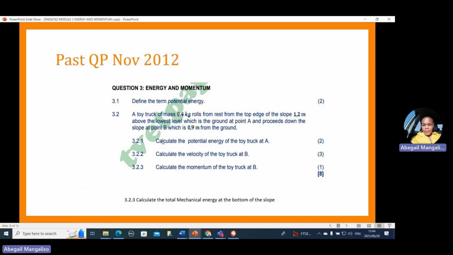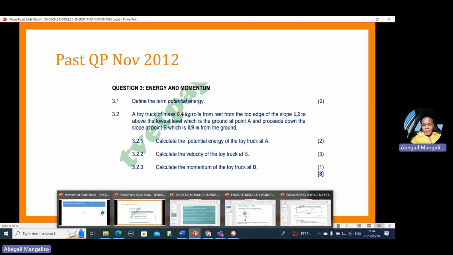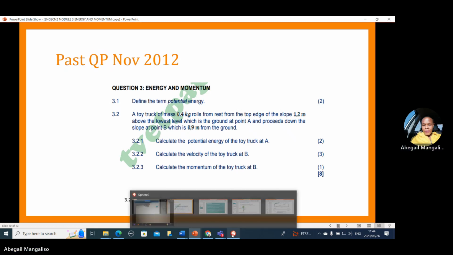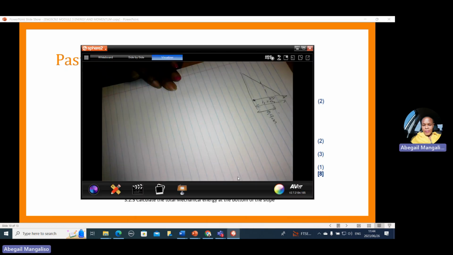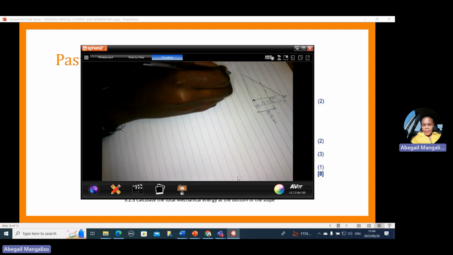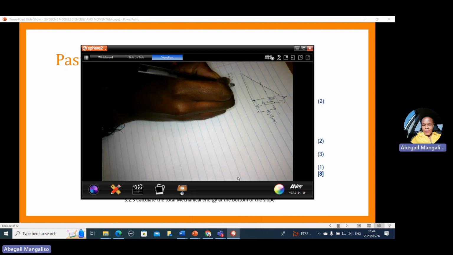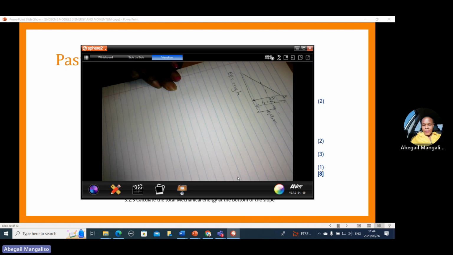The question says, calculate the potential energy of the toy truck at A. So we are looking for the energy that it has on top of this slope. The formula of potential energy is EP equals mgh.